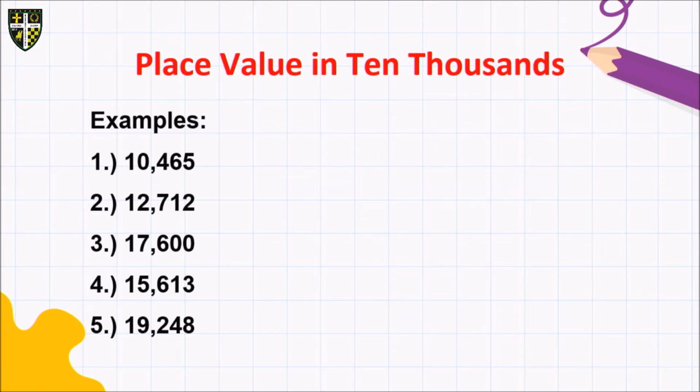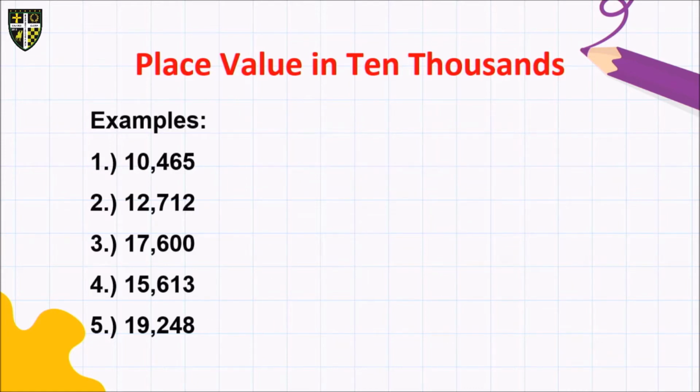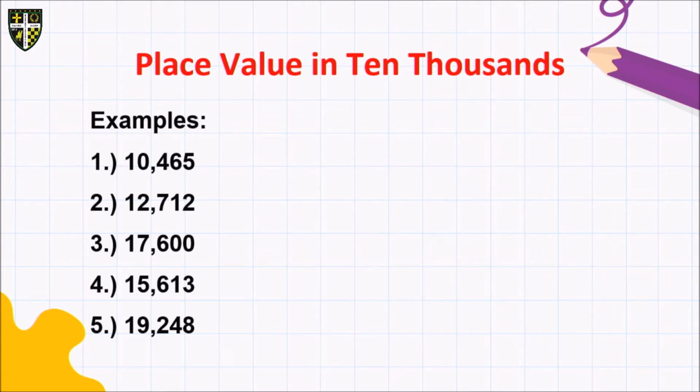The fourth one is 15,613. As you can see on your monitor, that will be the spelling of the numeral 15,613. And the last example for 10,000 is 19,248. For 48, we put a dash: 40 and then dash 8.